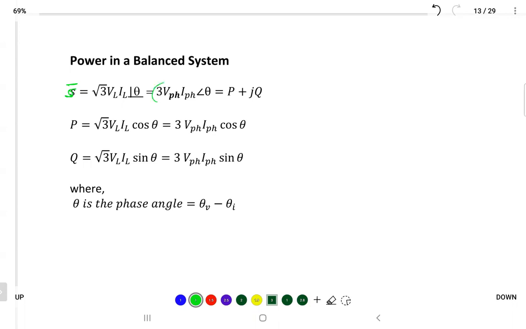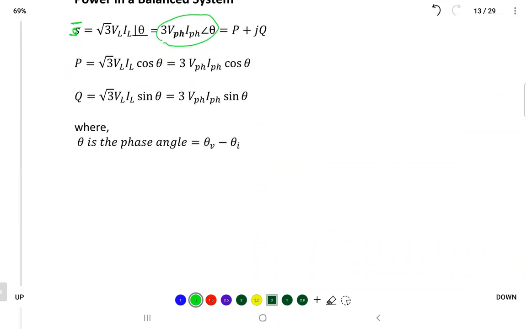If you want to use the phase quantities, it is the phase voltage times the phase current times 3. That's the only difference. Using phase, multiply by 3. Using line quantities, square root of 3. Somebody might ask, does it make a difference if it is delta or star? No, it doesn't matter. And remember, theta is the difference between the angle of the voltage and the angle of the current.